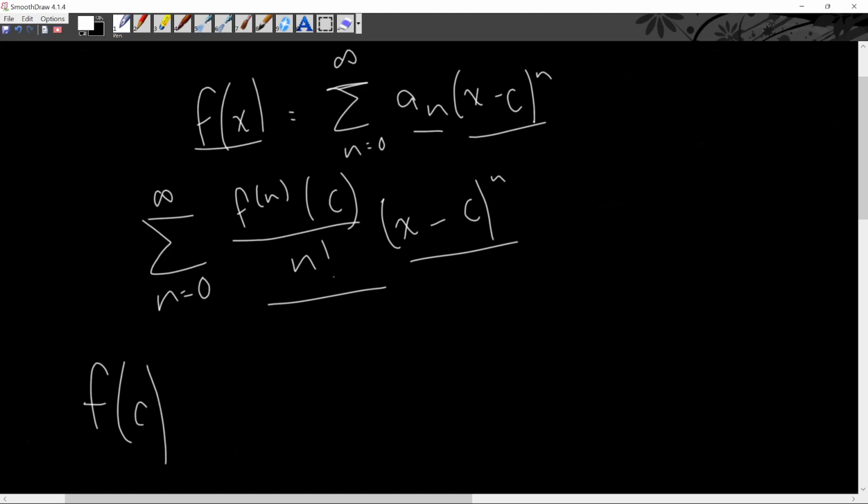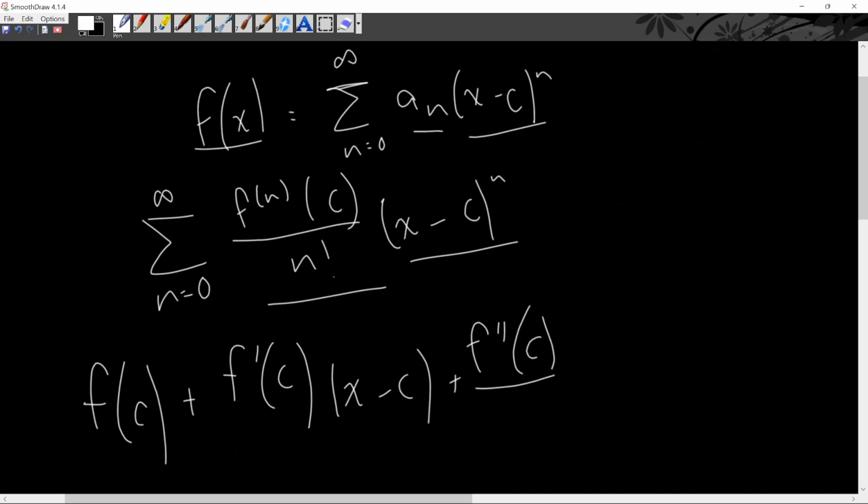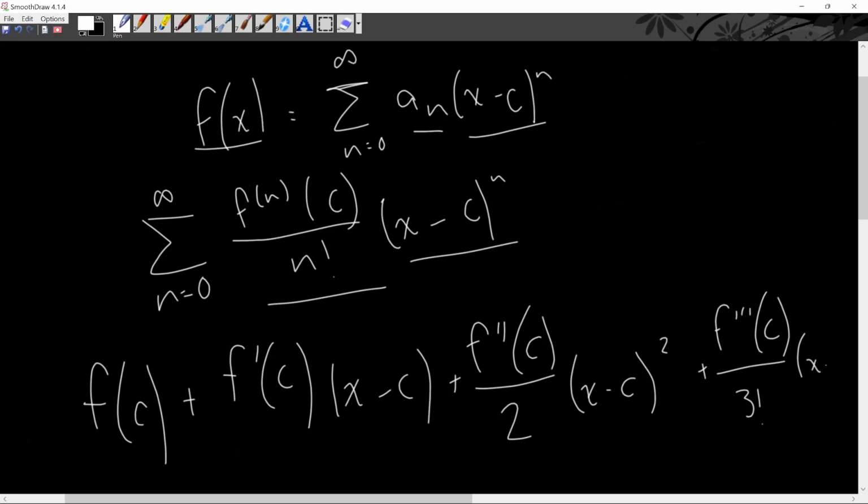When we plug in n equals 0, you are going to have the 0th derivative, or no derivative at all, of c over 0 factorial, which is 1, times x minus c to the 0, which is also 1, plus f prime c times x minus c, and then plus f double prime of c over 2 factorial, x minus c squared, and then plus f triple prime c over 3 factorial, x minus c cubed. And then you continue cycling until you get to that term.